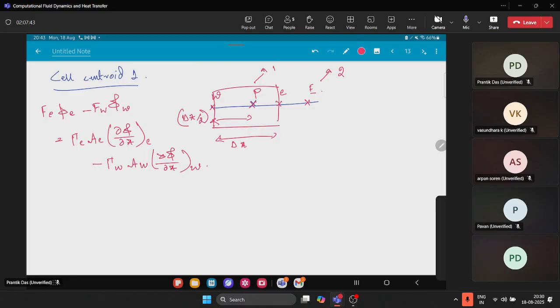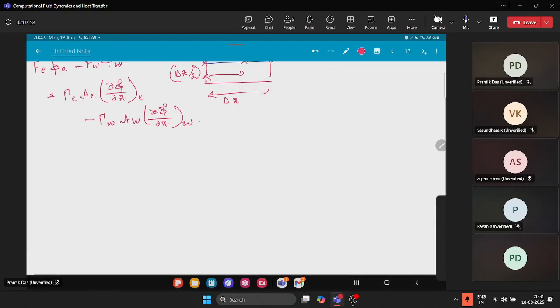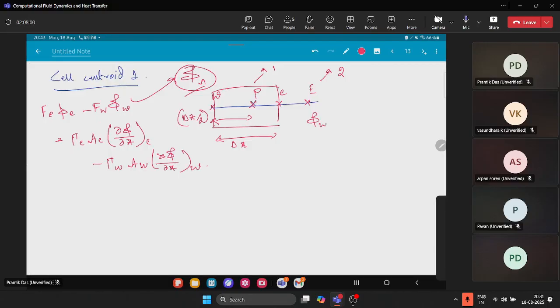Phi W we already know, that is phi A, the temperature at the left hand side of the rod for which we are solving this convection diffusion equation. Phi W equals phi A, which comes from the boundary condition, and phi e is phi P plus phi E divided by 2.